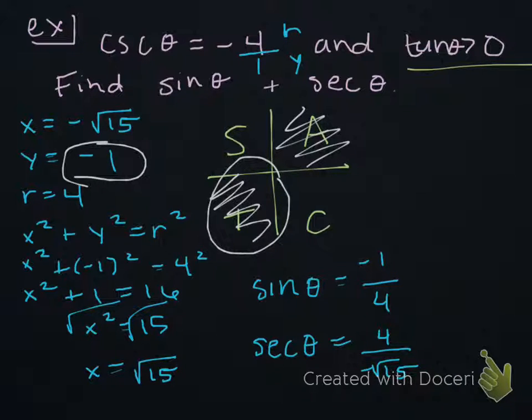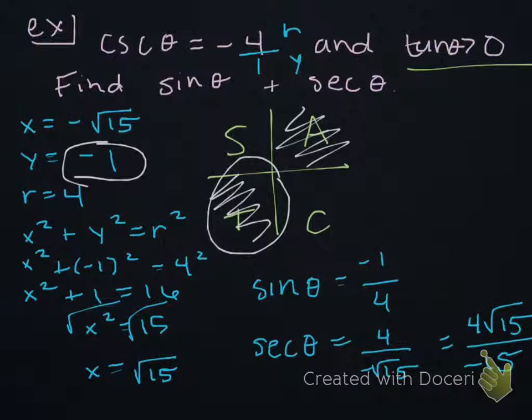Again, can't leave the square root in the bottom. We know we rationalize, so this becomes 4 root 15 all over a -15. And you could have bumped the negative up to the top and made it be a positive in the bottom. Doesn't really matter as long as one of them is negative. So that's an example of when we don't start with tangent.